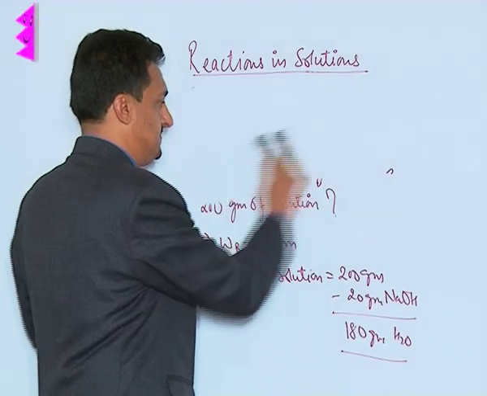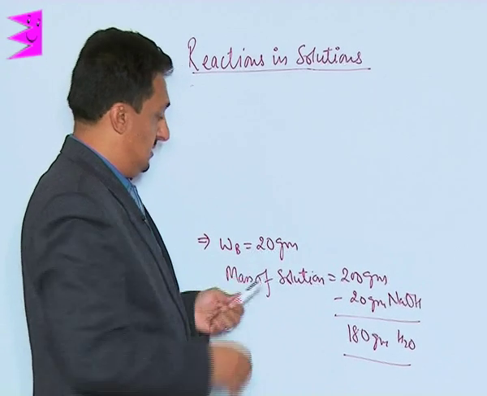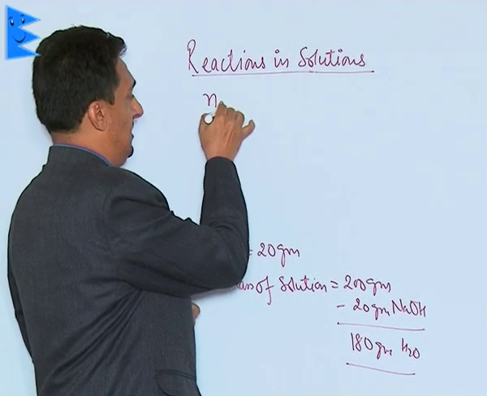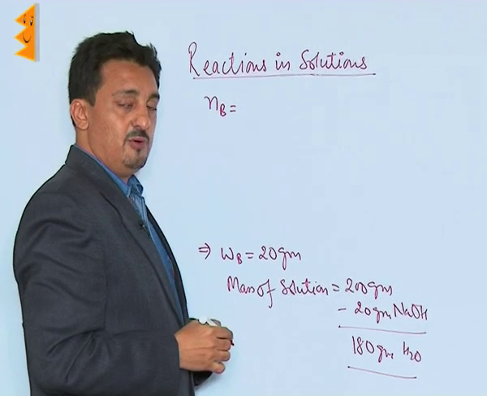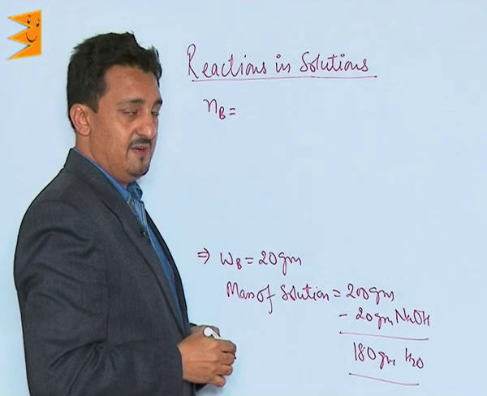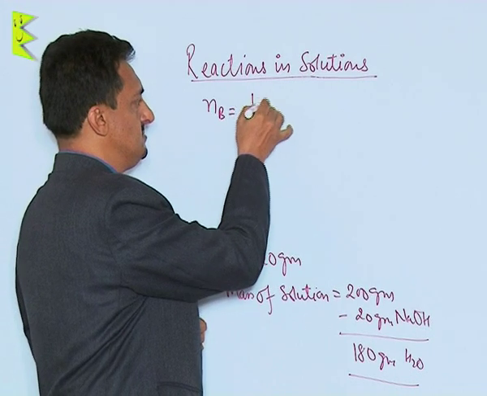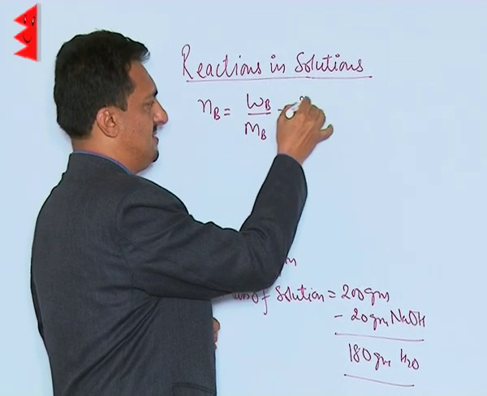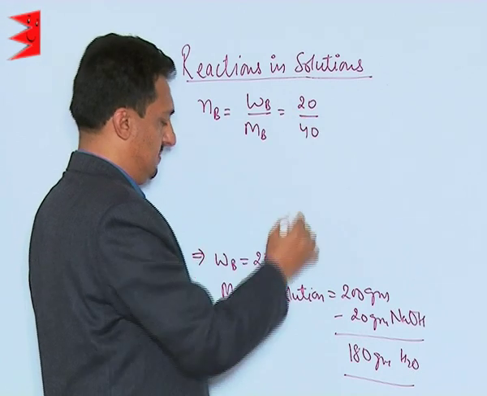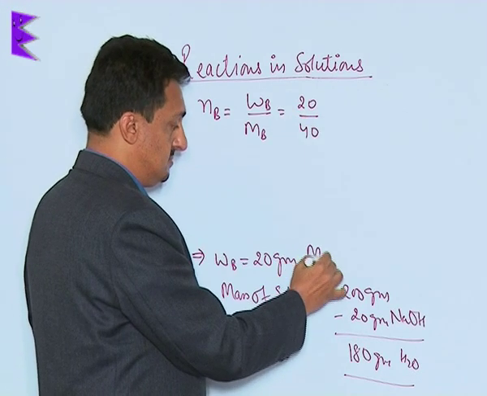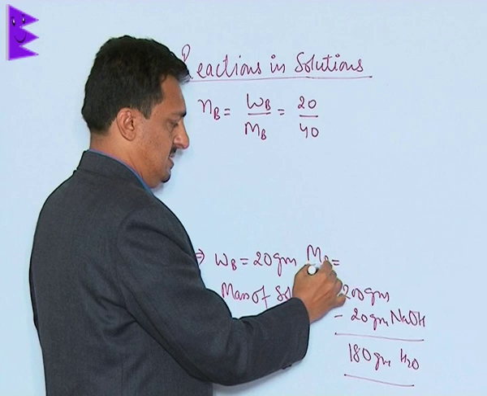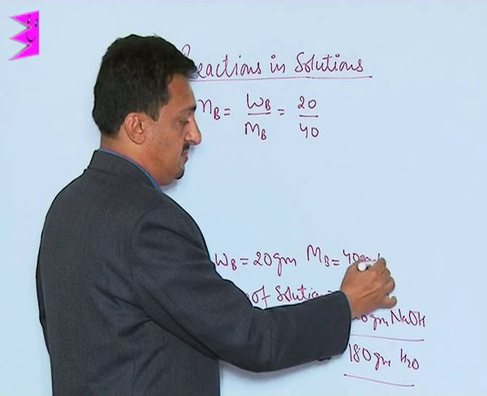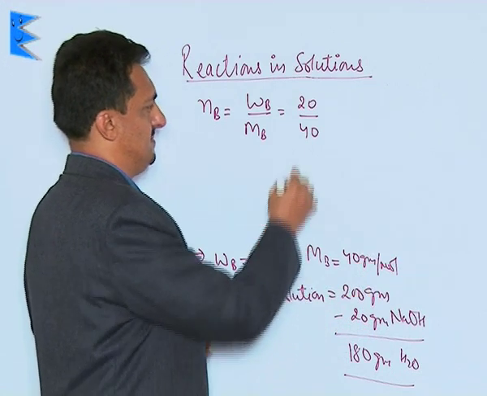So once we know their respective masses, let us find out the number of moles of the solute NaOH first. It will be its mass by molar mass, 20 by 40, because the molar mass of NaOH is 40 grams per mole.